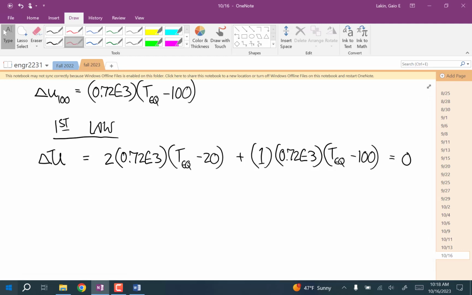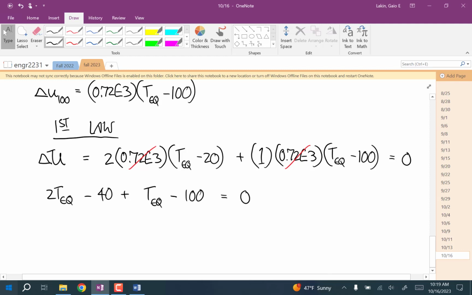So we can divide both sides by this, and you get that 2T minus 40 plus T minus 100 is equal to 0.